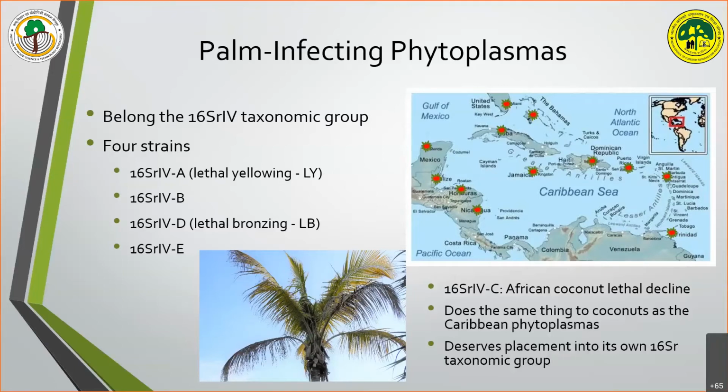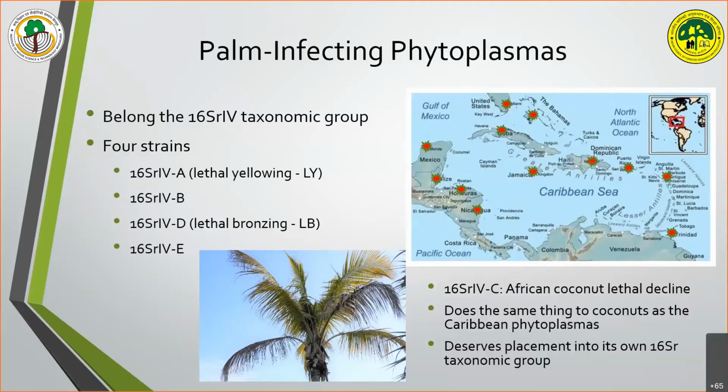So they proposed it, but when you look at the IGS region that is significantly more variable than 16S, it's 100% identical between what they've called subgroup F and subgroup A.